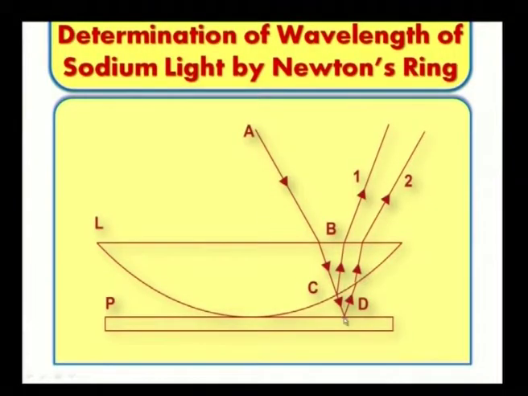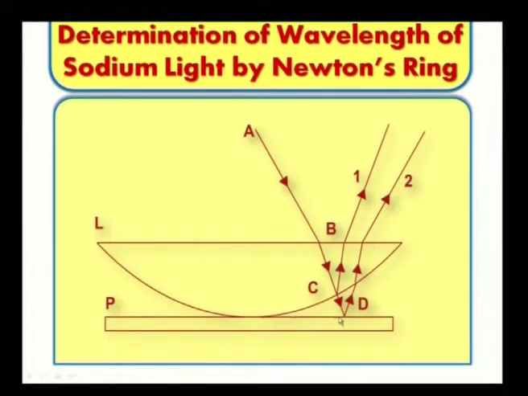Depending upon the condition for constructive or destructive interference, you will be getting either a bright point or a dark point here. If you get a bright point with this as the radius, you will be getting all the points corresponding to this radius to be bright.